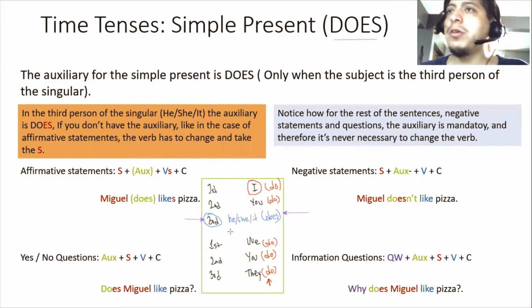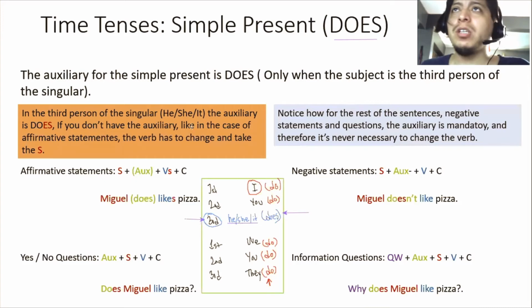So we only use does when the subject is he, she, or it. The rest of the persons, they always need do. It says, the auxiliary for the simple present is does only when the subject is the third person of the singular. This is the third person of the singular, this here.